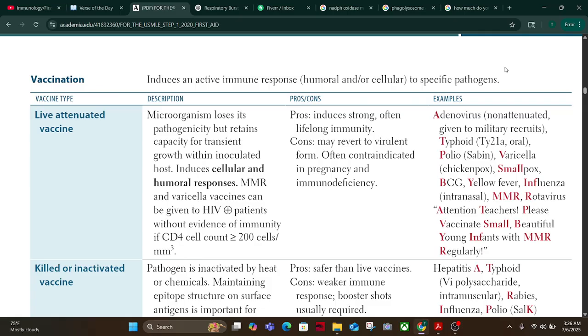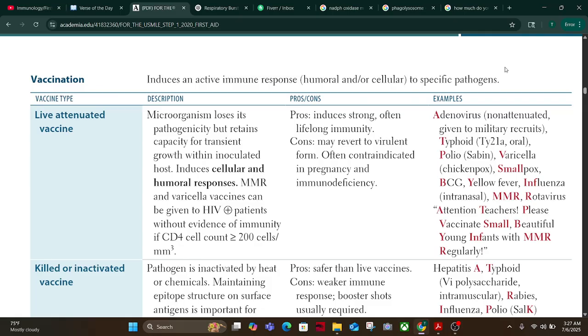Now, it says induces cellular and humoral response. This means that the live attenuated vaccine increases macrophages because it induces a cellular response, and the live attenuated vaccine also increases immunoglobulin and memory cells by CD4 positive T cells because it also provokes a humoral response.